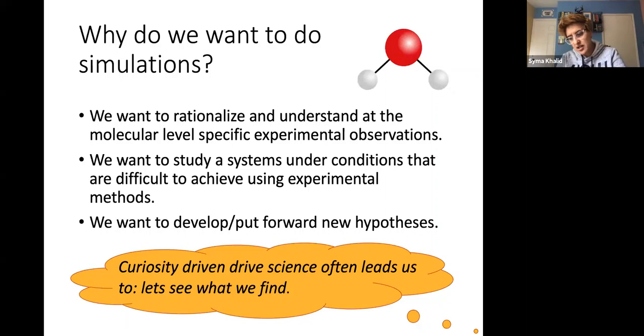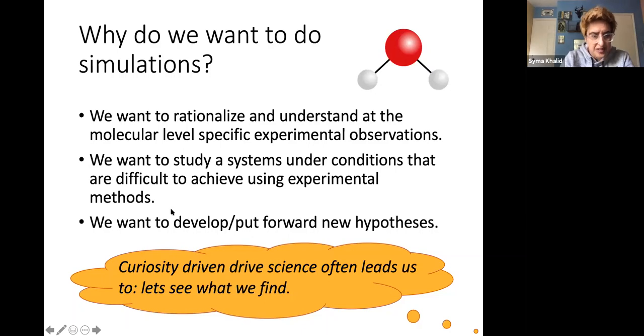They get some results and then call upon simulation experts to help understand why they're seeing those results. It could be that we want to study some system under conditions that are difficult or expensive to achieve using experimental methods, such as difficult pressures or temperatures, and it's cheaper and easier to use computational methods.